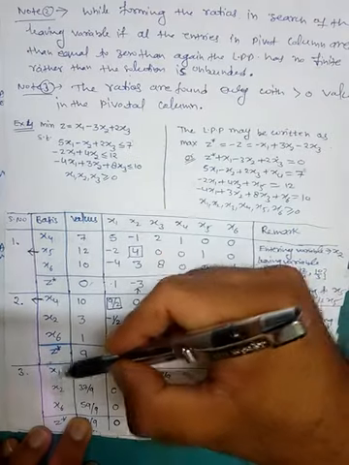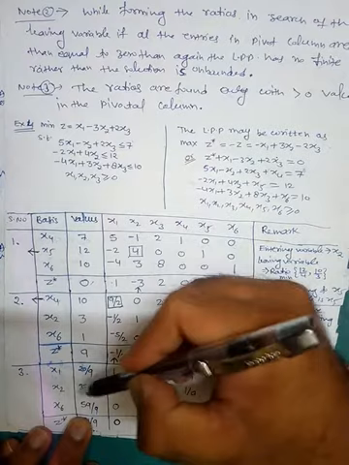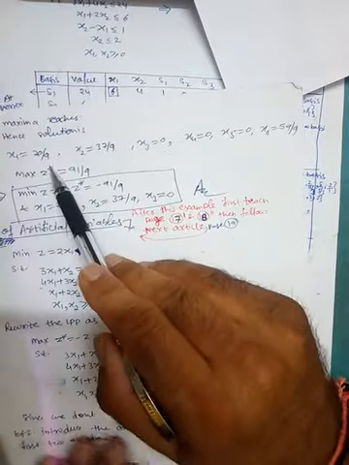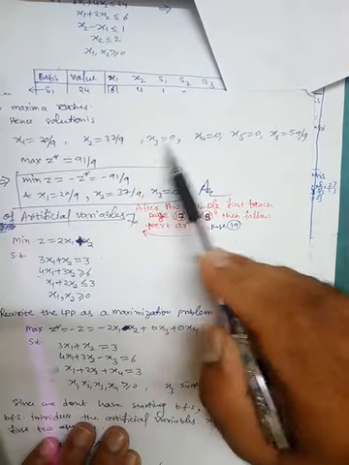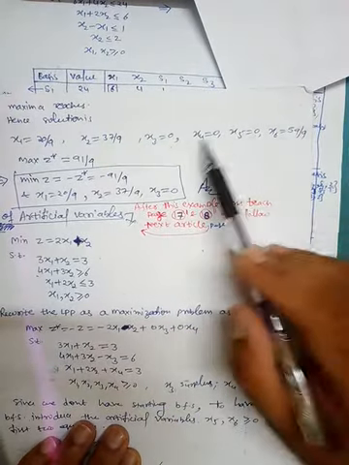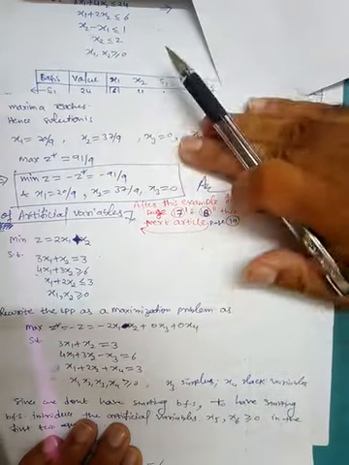Okay, so we can say that x1 is 20 by 9 and x2 is 37 by 9 and there is no x3, so 0. So the solution will be this: x1 is 20 by 9, x2 is 37 by 9 and x3 is 0. There is no need to write down these x4, x5, x6 because these are only slack variables.